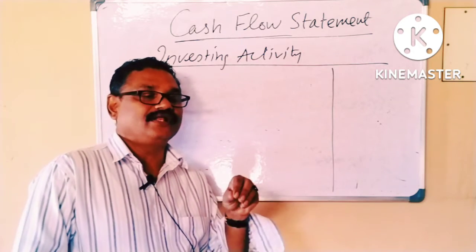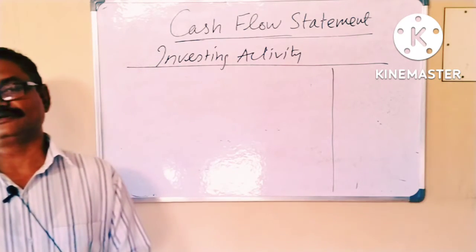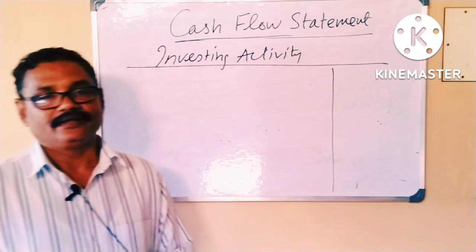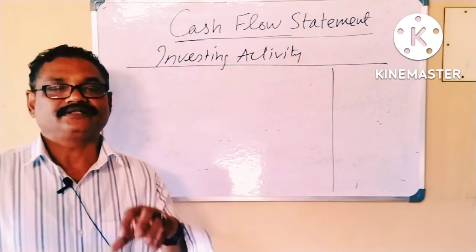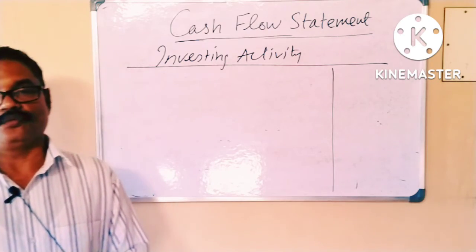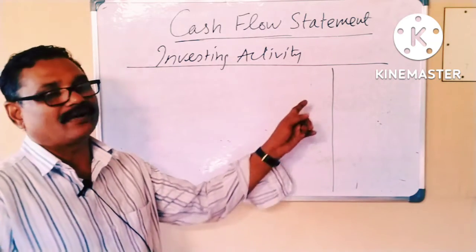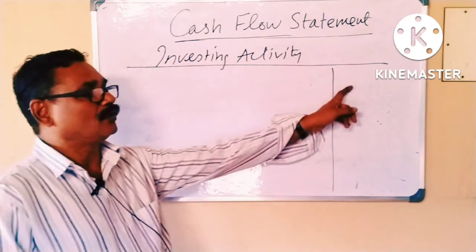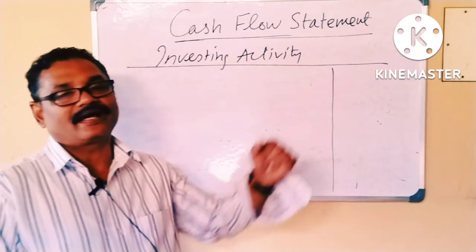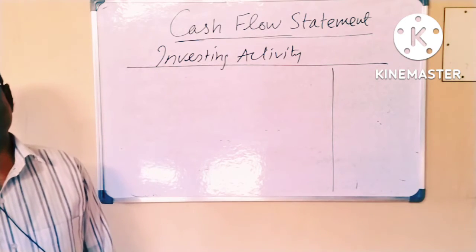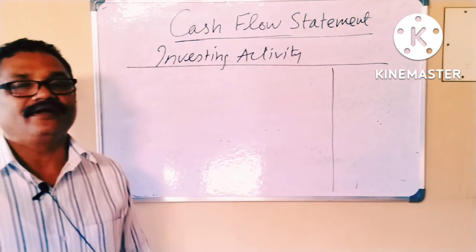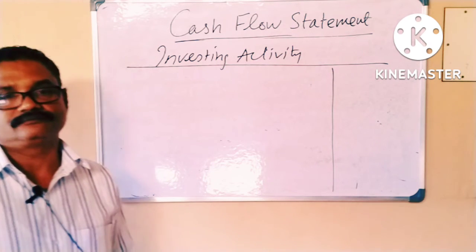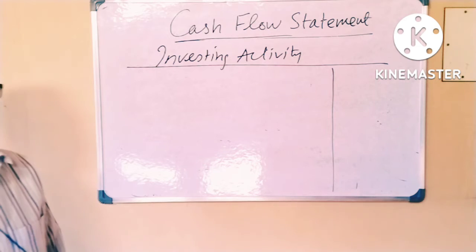So when we purchase any fixed asset for the business, we have to pay money. Like that, payment is called outflow. In cash flow statement, we have to write purchase of fixed asset. If it is purchased for 10,000, we have to write the amount in brackets. Writing the amount in brackets means it is a case of subtraction, outflow.